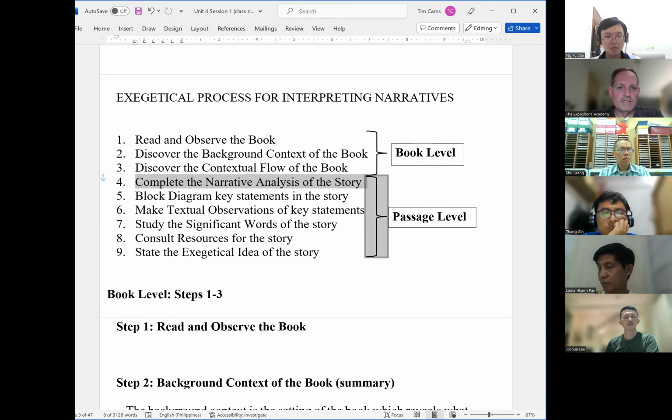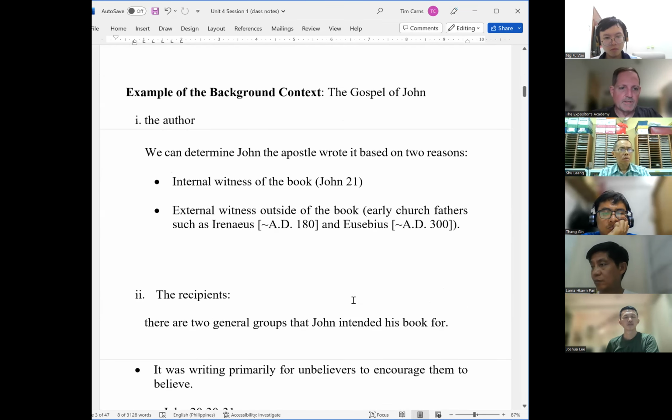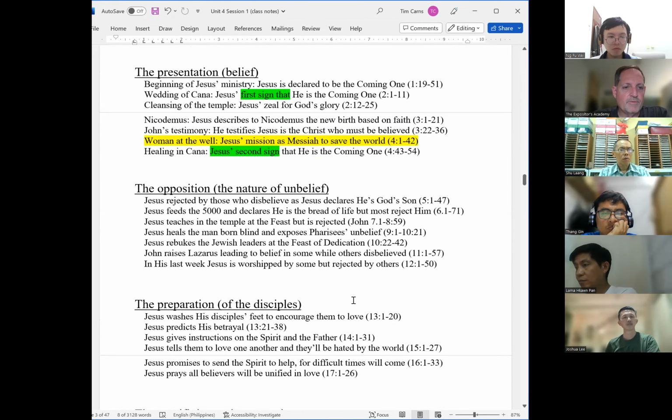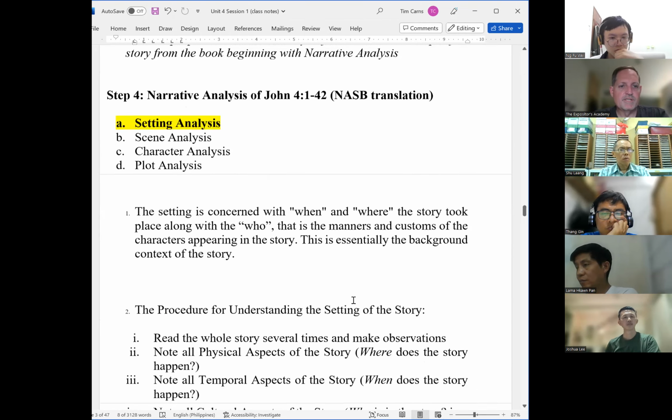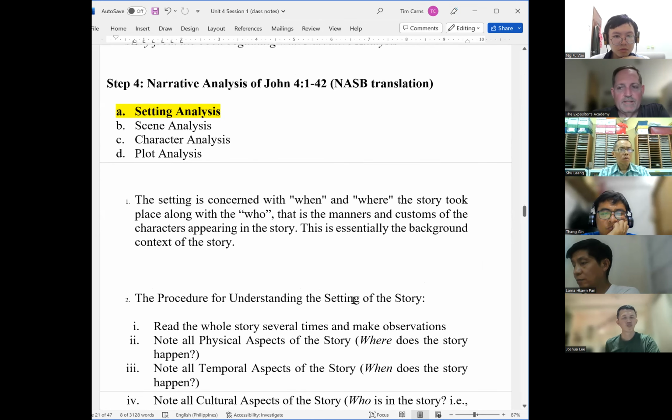We want to focus attention now on studying that story and analyzing it as a story. That's what we were covering in the last several sessions together, but now I would like to do that for John chapter 4. So if you remember, the narrative analysis consists of four parts where we study the setting, the scenes, the character, and the plot.